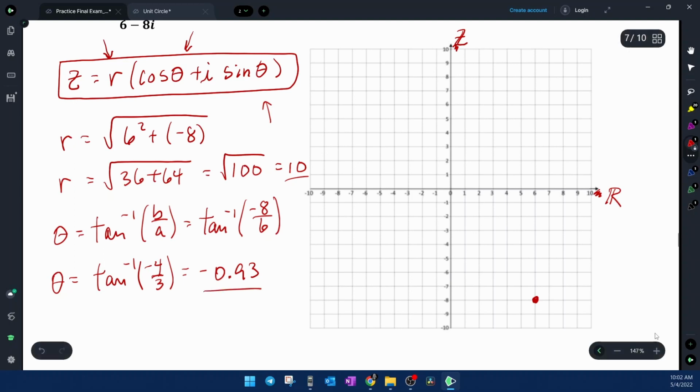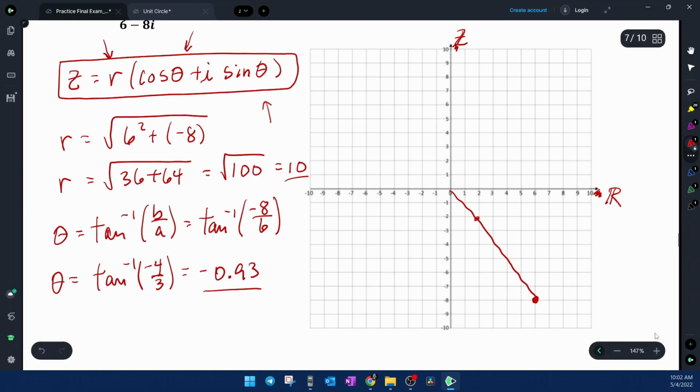Now, one thing you should know about writing your answers in polar form, theta really should be positive. And if you notice, this angle is correct because if you look at where our point is plotted, this would represent a negative angle because we would start at 0 and spin clockwise to get into the fourth quadrant. And so my question to you is, if I have a negative angle, how do I get the positive equivalent? Well, that's not too hard.